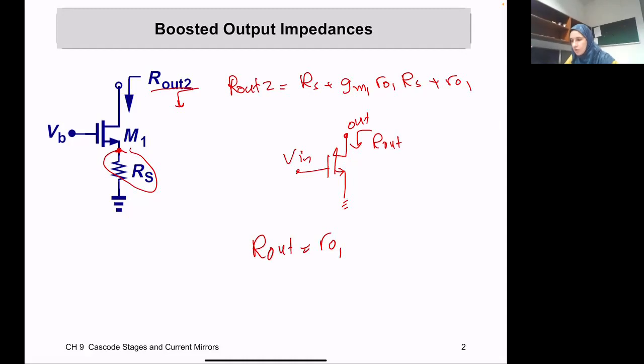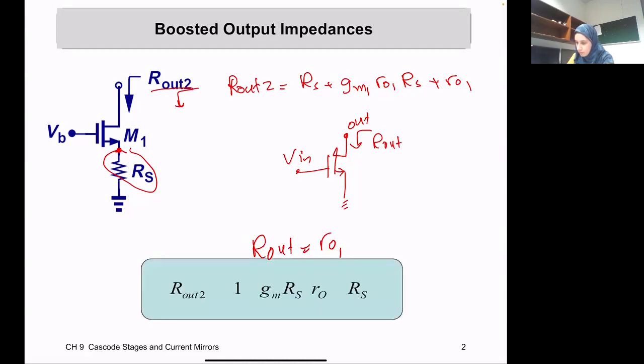But with the addition of degeneration we get higher output impedance, and that's something useful for many applications. Oh, again, we're having this issue. So R out equals 1 plus GM, sorry, the parenthesis is here.